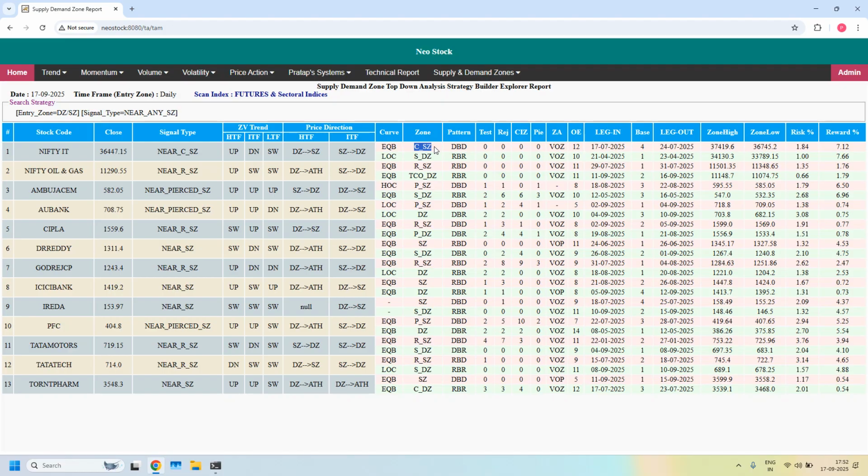NIFTY IT is having near daily high liquidity supply zone, but it is not listed in F&O, ignoring it. NIFTY oil and gas also I am ignoring. Okay, Cipla is having a daily high liquidity supply zone. Godrej Consumer Products is already pierced 3 times.